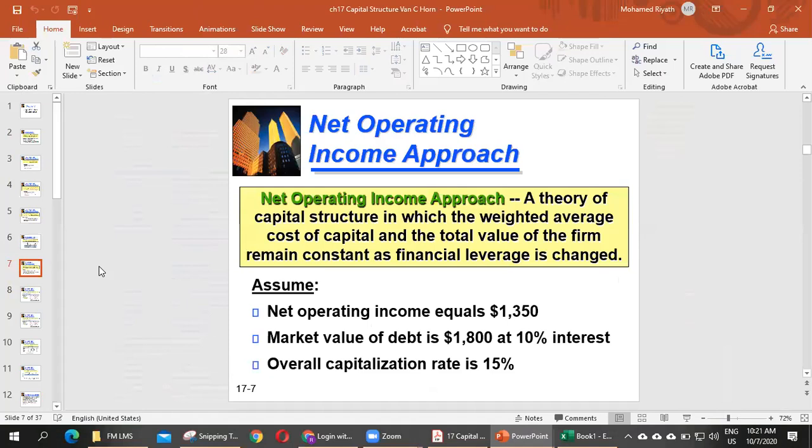Now we come to the net operating income approach calculation. Right?